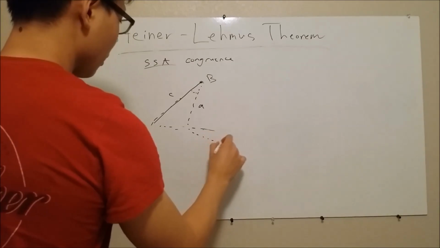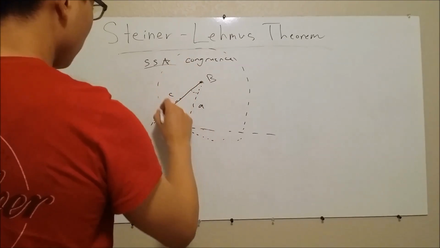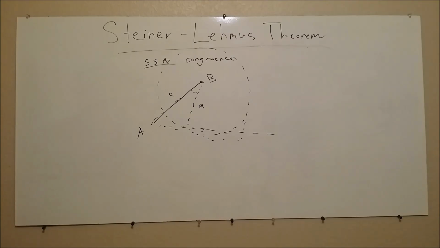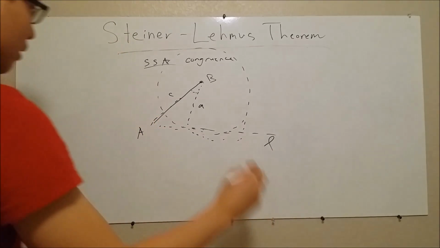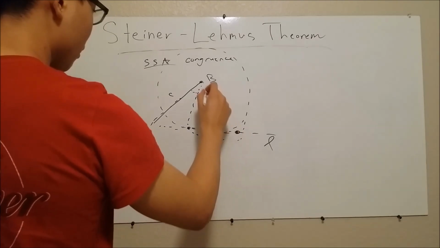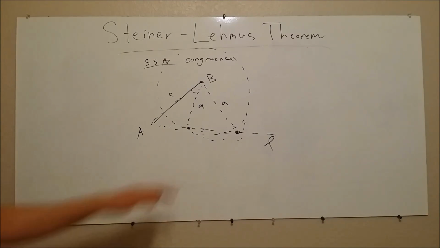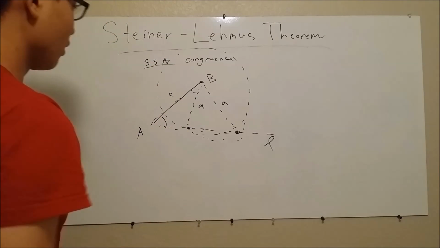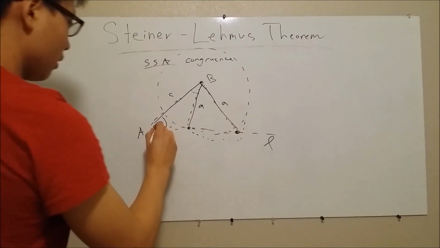So this point could go on at any radius A around B, right? Now the circle intersects this line right here. This line we'll label L. This circle intersects line L at two points, here and here, right? So we only have two triangles that we can make, given a side, a fixed angle, and a fixed length A. Only two right here.